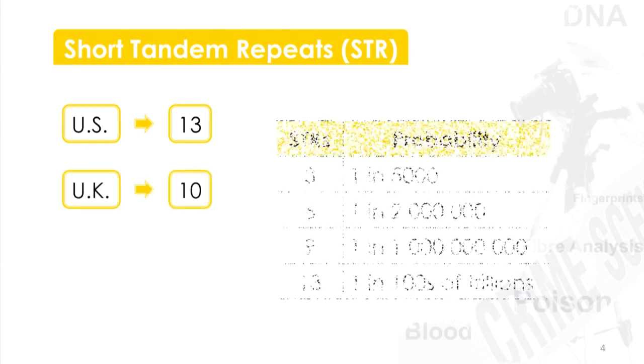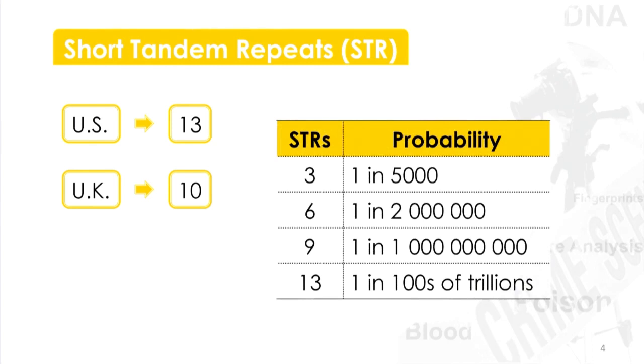And as we saw before, the number of STRs you use improves the probability that you're talking about a single individual. If you use 3 STRs, then you've got odds of 1 in 5,000.